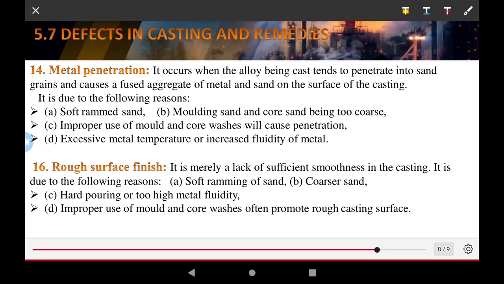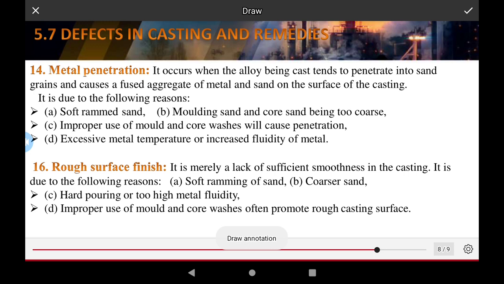Defects in casting and remedies. Metal penetration occurs when the metal of the casting tends to penetrate into the sand.